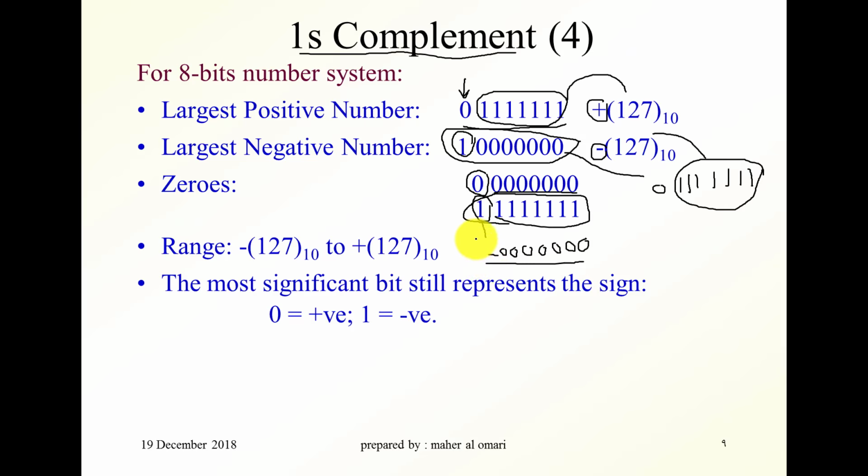So the range for an 8-bit number in one's complement notation is from minus 127 in base 10 to plus 127 in base 10, and the 0 has two representations, just like the sign magnitude notation, and this is not good.